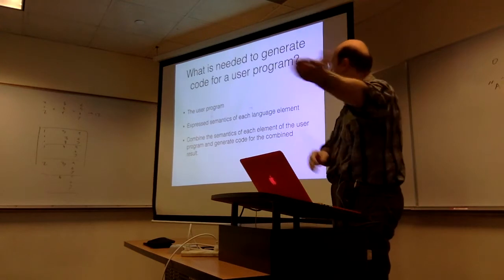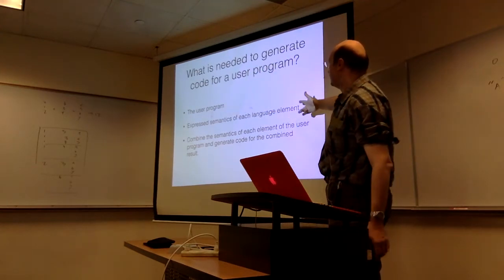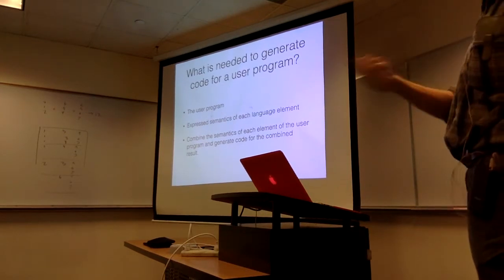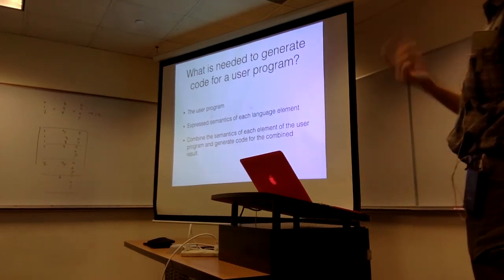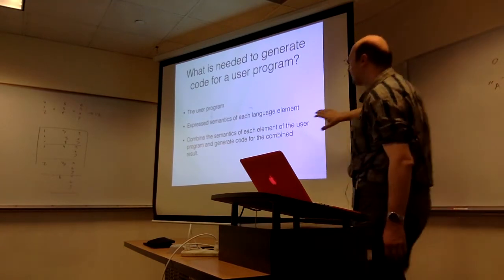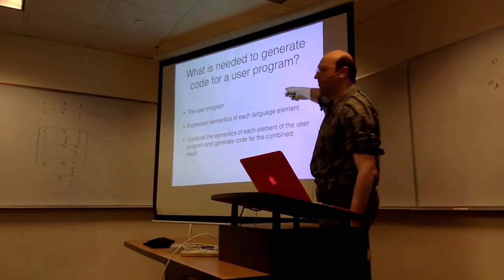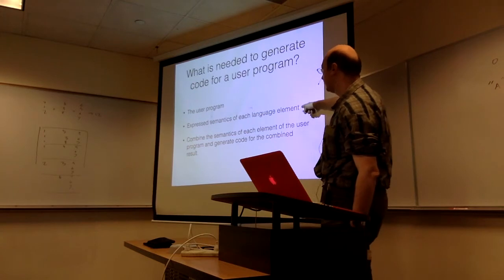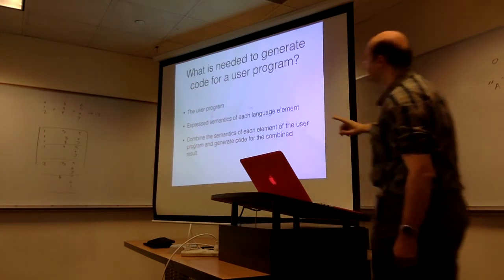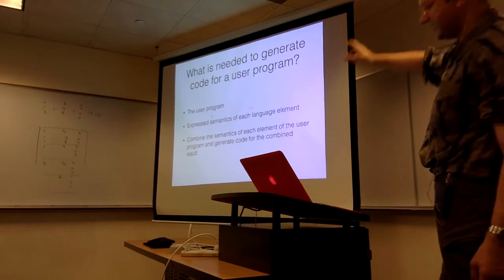You need to start with the original program somehow. You need to have an understanding of what each element of the language that program expresses means in an executable form. And you need to combine these things, so elements of the program with their semantics, and then generate code for them. So this is just, how do we get code?